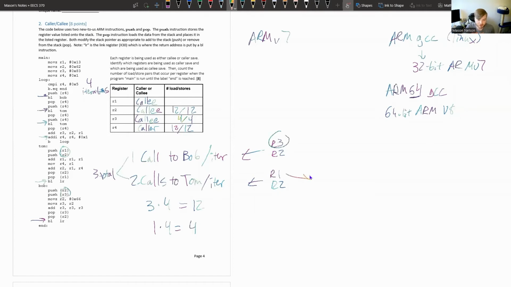And then finally, register 1. Register 1 was saved only by Tom. Tom is being called twice per iteration, 4 iterations total. That gets us a total of 8 load store pairs across the entire execution of the program. So that is our answer.